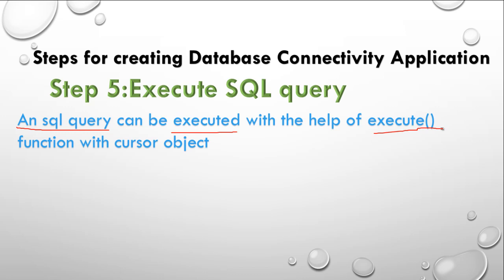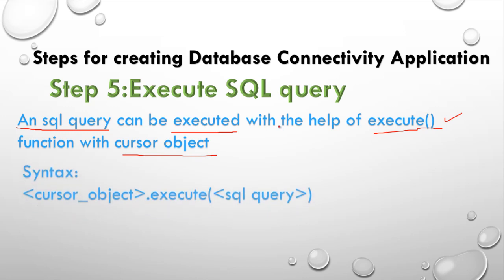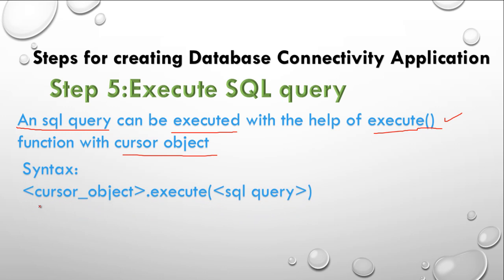Now, in order to execute the query with the help of that connection, we use the function named execute. We use this execute function with the cursor object to execute the SQL query. This is the syntax: first you write the name of the cursor object, then the execute function, and within its brackets you write the SQL query.